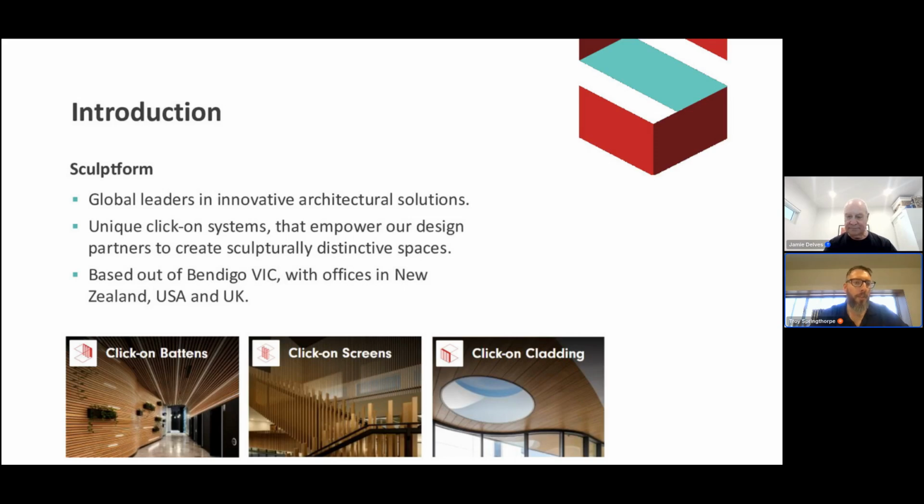Our systems are unique in the fact that they're click-on, and they empower our design partners to create sculpturally distinctive spaces. We're based out of Bendigo in Victoria, but we do have a design studio in Melbourne, and we have offices in New Zealand and more recently now the USA and the UK.